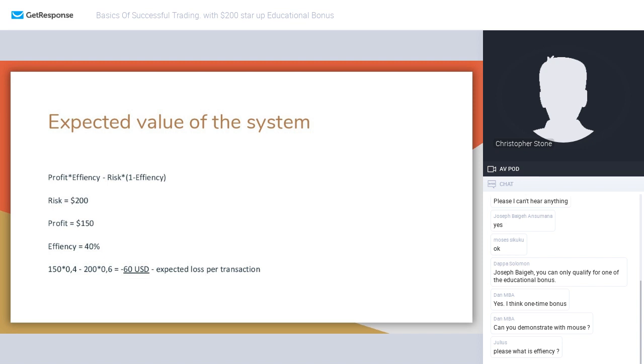Using this formula, you can look at the expectation of your loss or gain per transaction. But the most important thing is to set your expected value above $0. So you have to be positive.